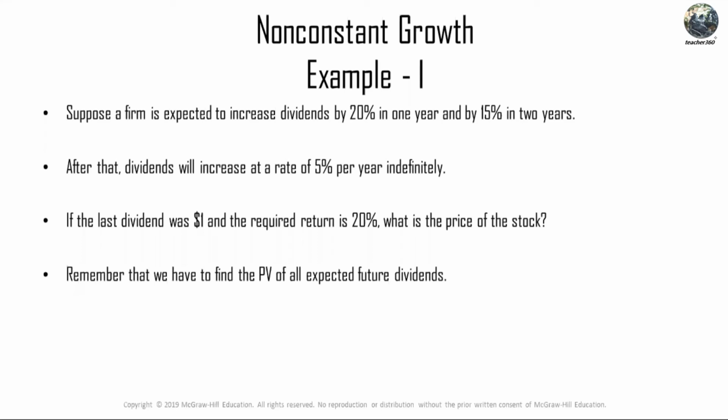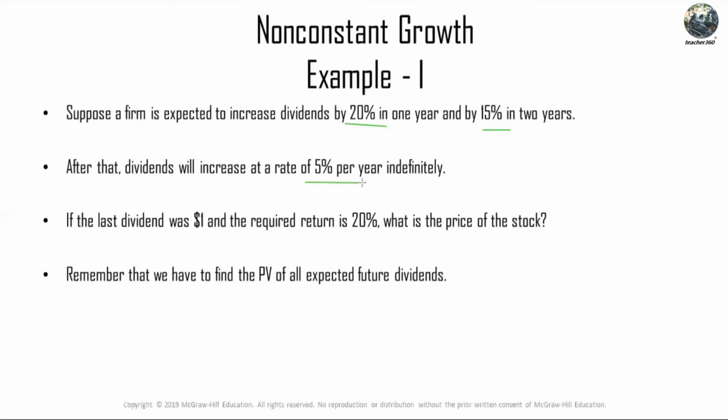Since it will increase at a constant rate, there is no need to identify the share price of every year after year 2. So once you know the share price in year 2, you can easily understand the share value and the share potentiality.